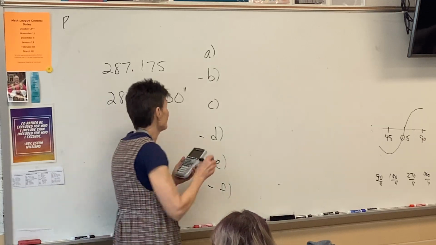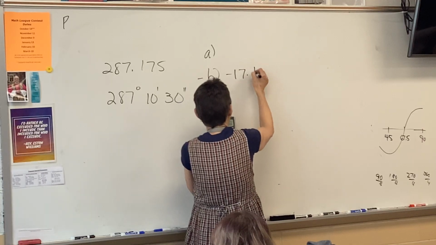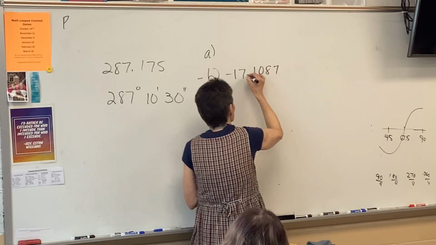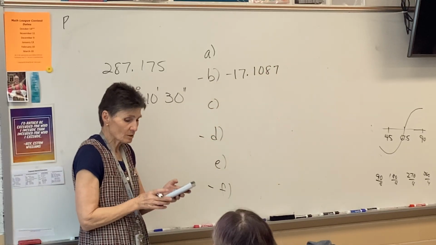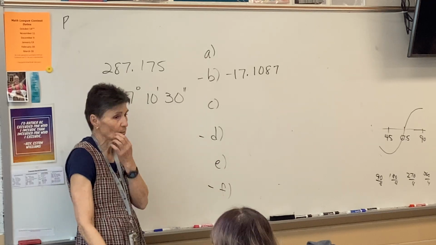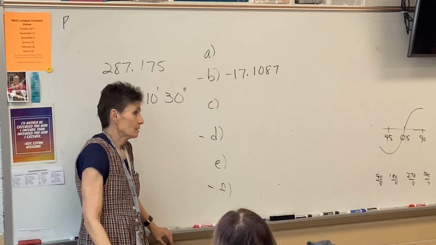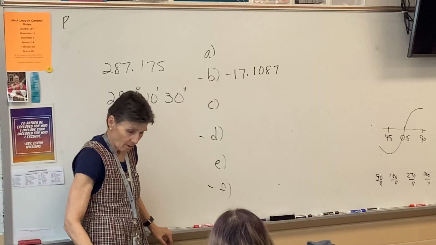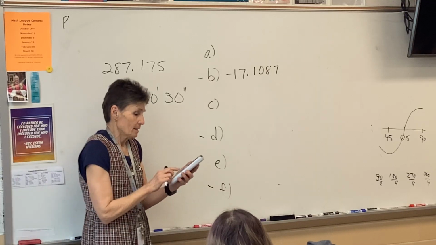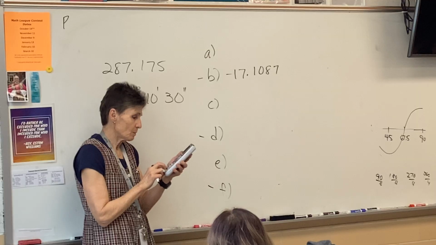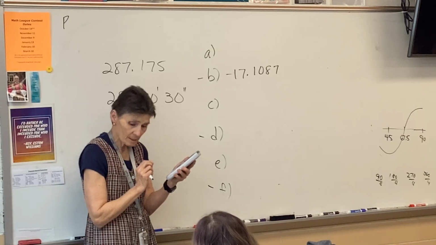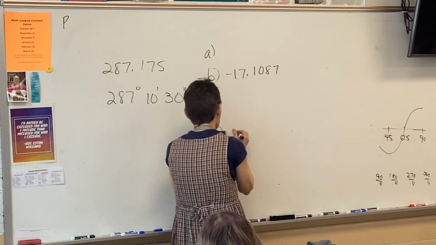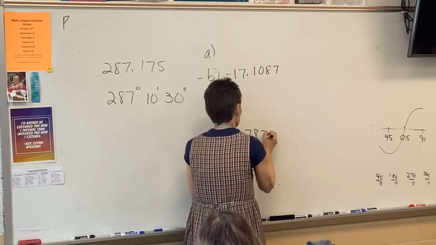And oh wow, did you get negative 17.1087? 4 decimal places. Okay? Yeah. All right, next is D. Here we go. Tangent. 321 second angle degrees, 58 second angle minutes. For D, I got negative 0.7822.